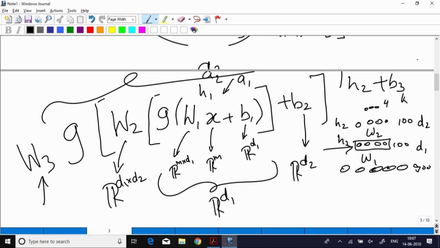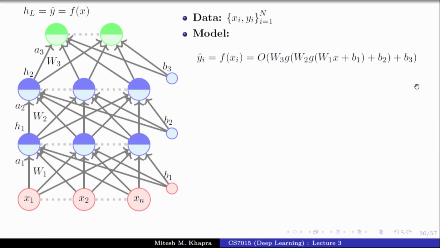D2 cross K. And what's the dimension of B3? K, one for every neuron. Is that fine? Now everyone gets how I can write the output as a function of the input. Just stare at this quantity that you have and see whether it's the same as what we did. Is it the same? Everyone fine with this?